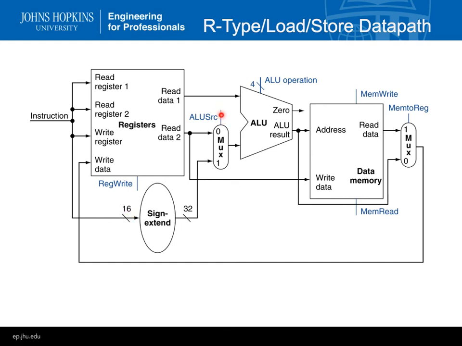So this is going to say, was this an R type, or is this something where I need these lower 16 bits? Do you want to do an AND, an OR, an addition, a subtraction? Are we doing a load or store word? If it's a load word, are we writing this data back to a register? Yes or no?